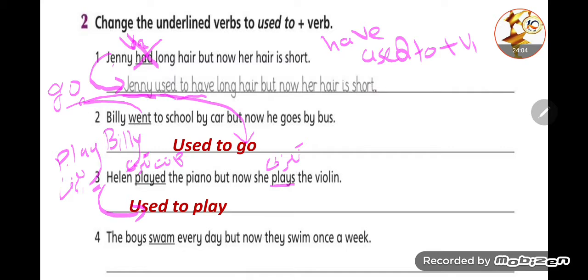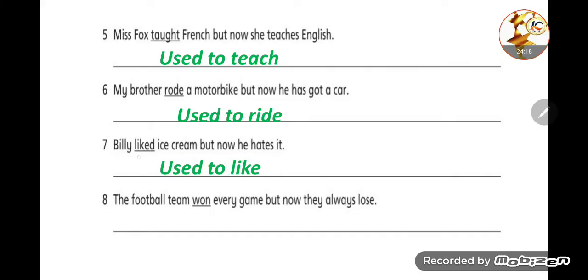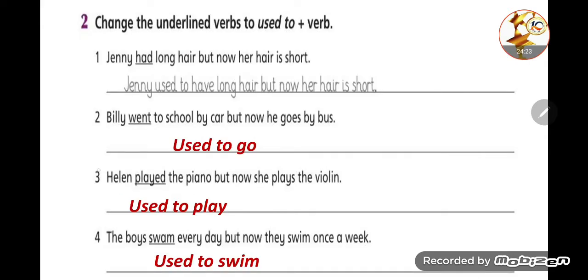تمام؟ طيب إذا هون number 4 the boys تنزل مثل ما هي. swam الverb 1 منها شو هو؟ swim. So here we have done 3 sentences until now. This is the 4th one.